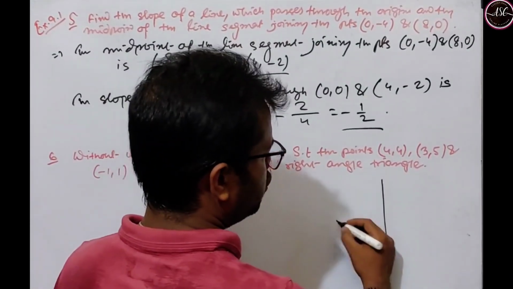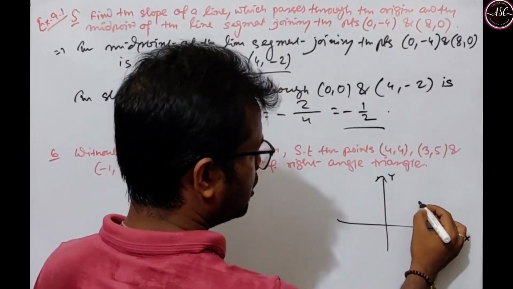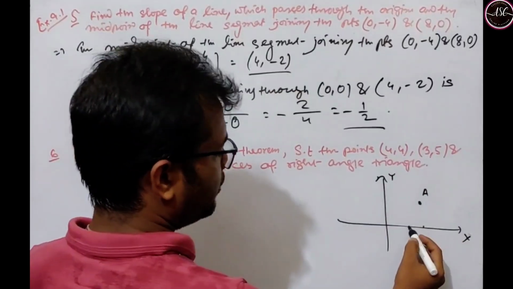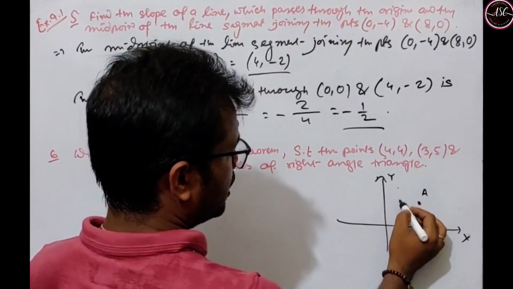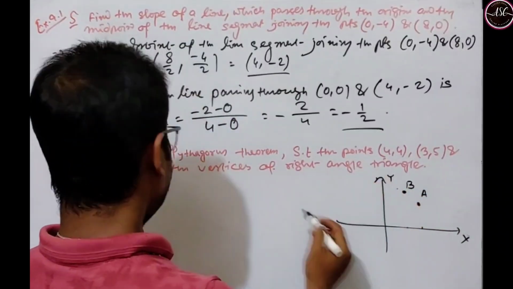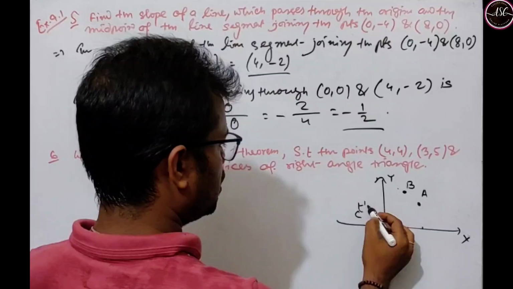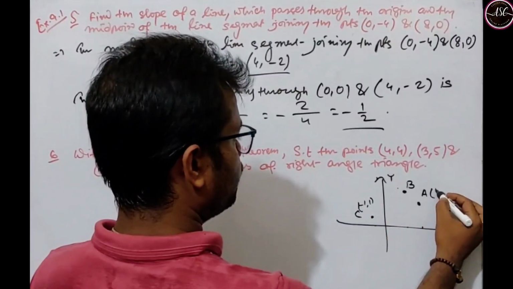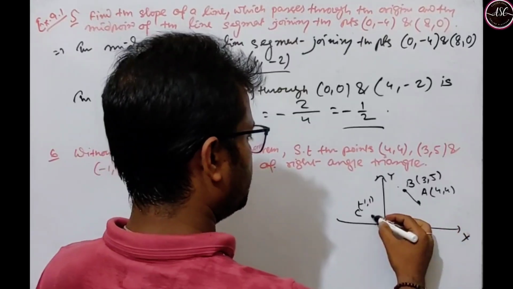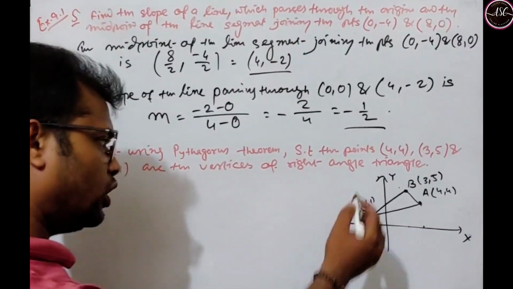That means if we draw the xy plane, here is 4, 4, let this point be A, and 3, 5 is B, and minus 1 comma 1 is here. Okay, this is C. If we join this, we get a triangle.